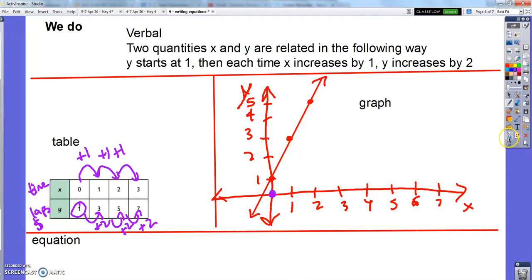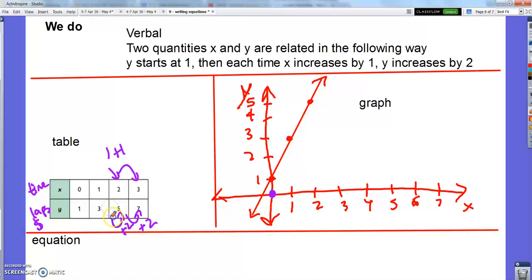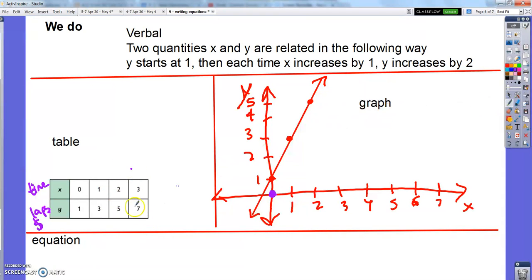So if I start looking at my table and trying to figure out, well, what's my constant of proportionality, I won't have one because here I would have to do 1 times 3 is 3, 2 times 2.5 is 5, 3 times 2 1/3 is 7, and I just don't.